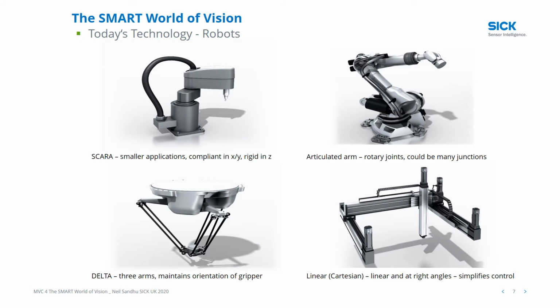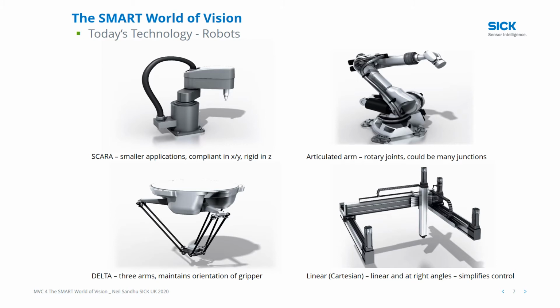We look at the potential of a delta robot, which is typically a three-armed robot that's typically keeping the orientation of the gripper in one plane, and therefore can also operate at quite high speeds in terms of picking and placing.